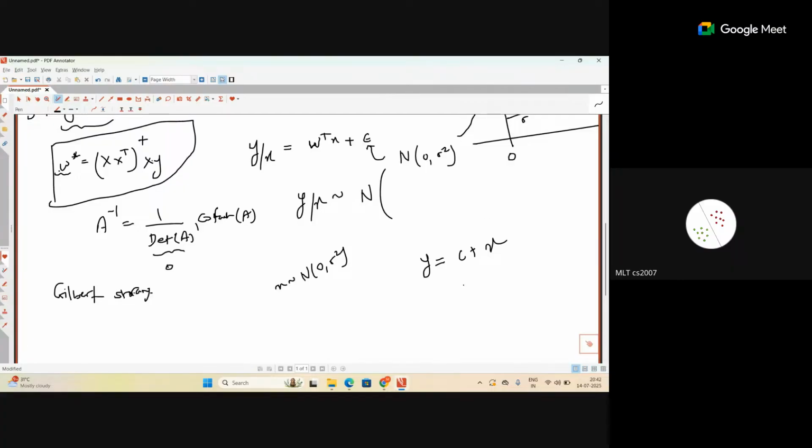And let's say y is equal to c plus x, where c is some constant. What is the distribution of y? It will get shifted, right? The mean would become c.